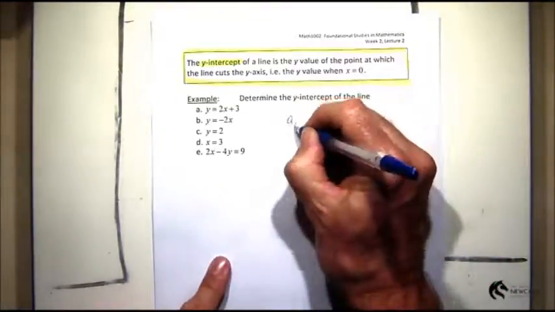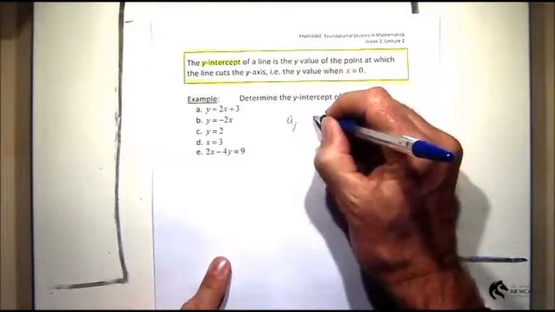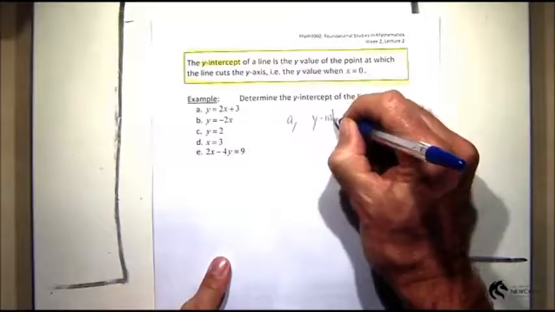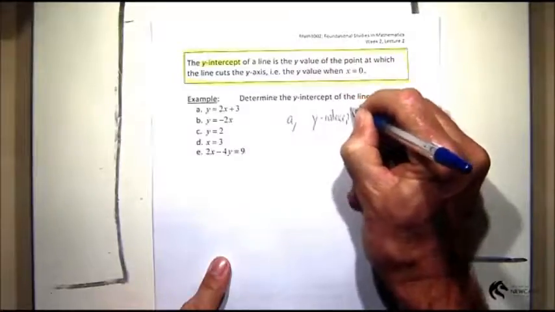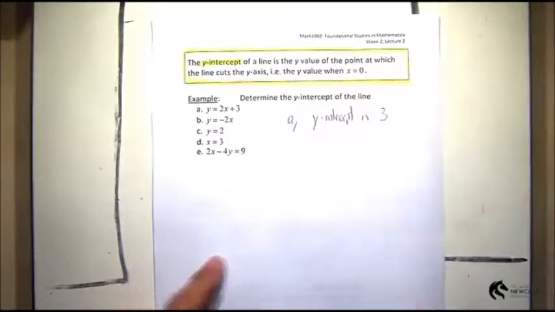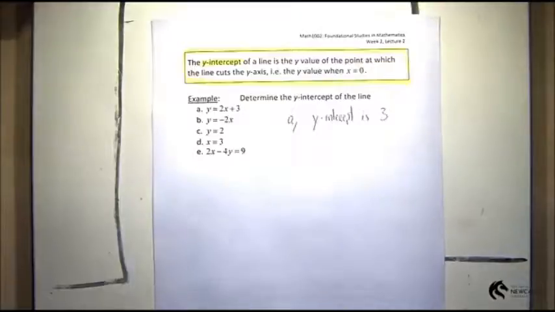So part A, the y-intercept is 3. That's the y value of the point at which it crosses the y-axis. Now, I looked at the picture, but when the line crosses the y-axis, that's the point that has x coordinate 0.